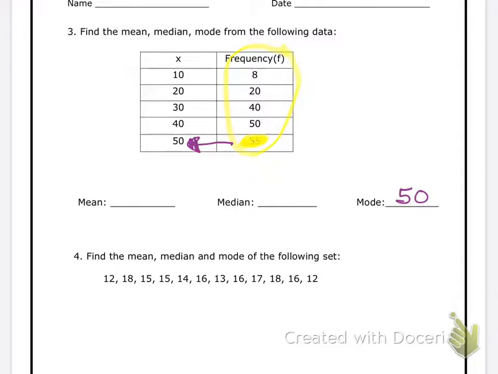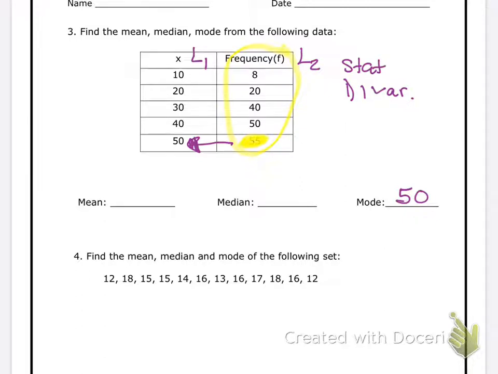So I'm going to type in everything here into my L1. Everything here into my L2. And then I'll do a stat, one variable stats. So the good thing is the left column stays the same, 10, 20, 30, 40, 50.